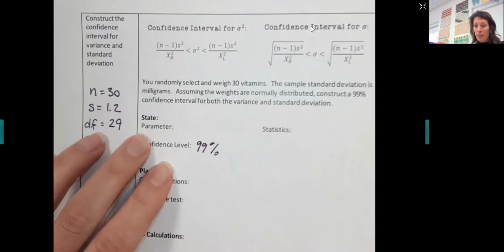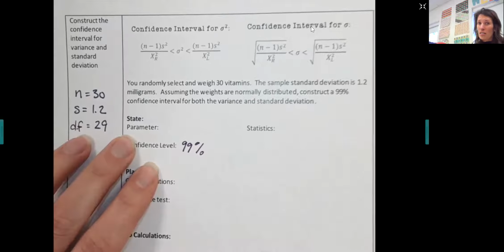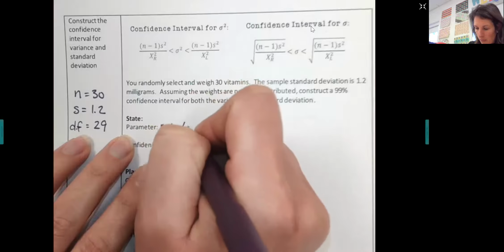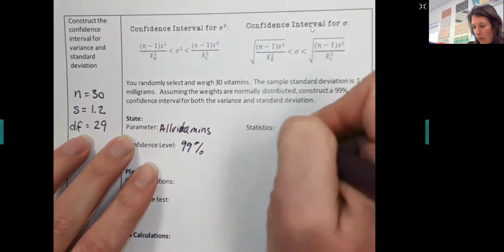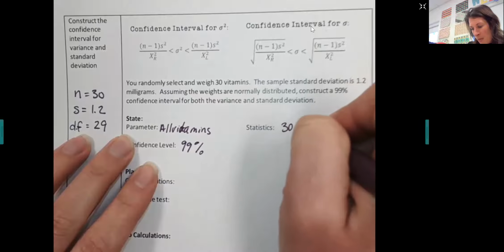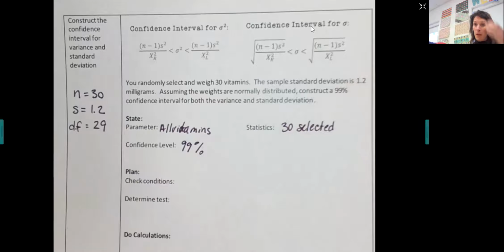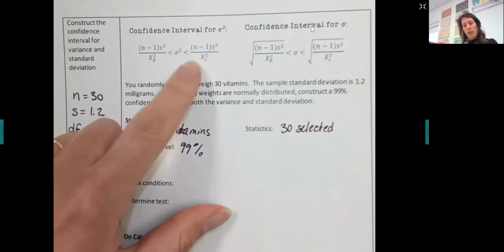The parameter, what goes with the population, is all vitamins. And the 30 selected is my statistic. Remember, parameter goes with my population. Statistic goes with my sample. We don't need to check our conditions, but we do need to find our left and our right.